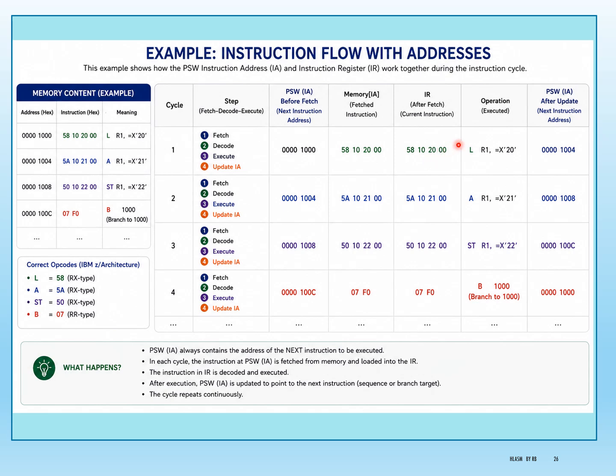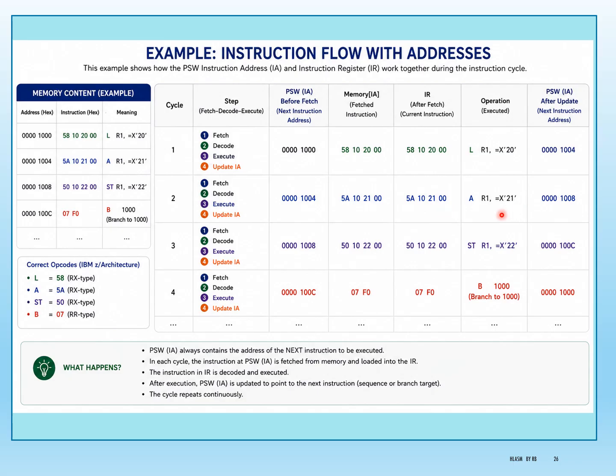This operation is representing this operation. This operation happened, PSW got updated, and what is PSW now doing? It is trying to get the next address already in the system. For example, 1004 is the next address. Again, 1004 is read. Okay, I have this particular instruction here. It has come here. It goes into IR.